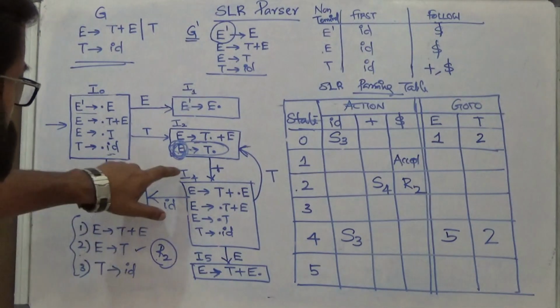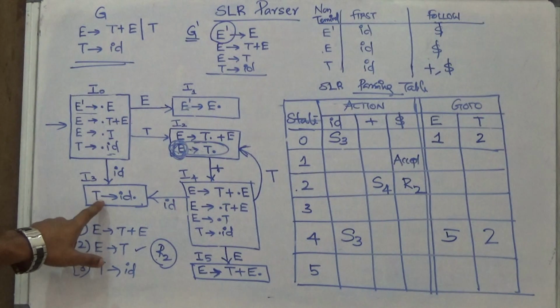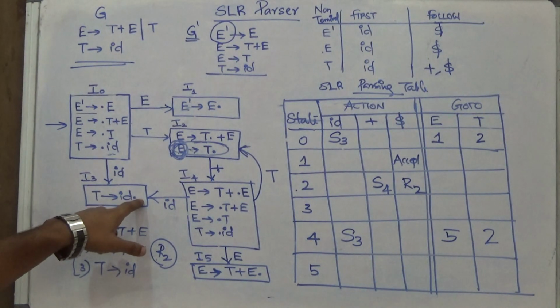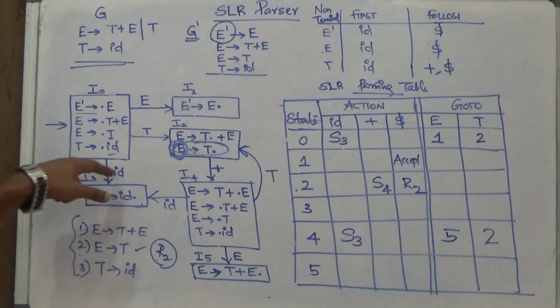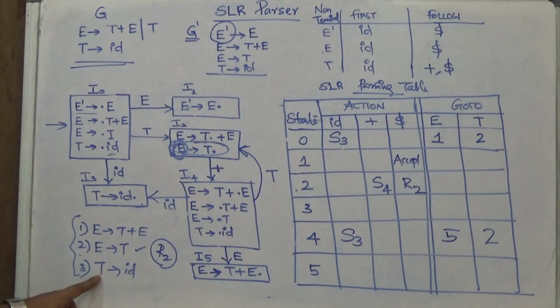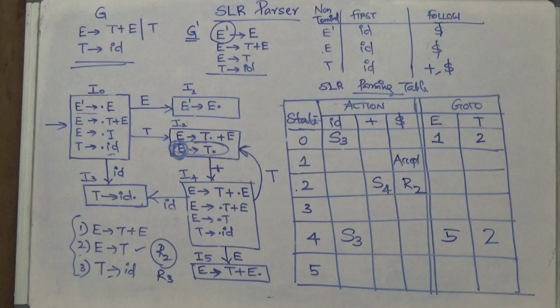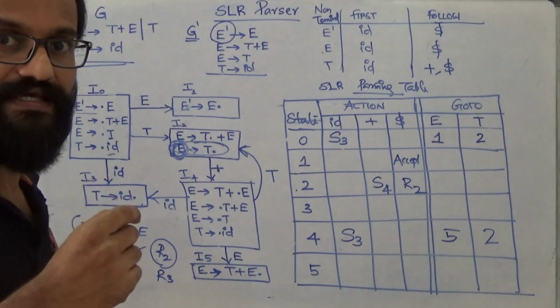Now you can process the next one, I3, state 3. Here you are having T giving ID. Since this item is delimited with dot operator in the right hand side, you have to create entry reduction. So T giving ID is the third production. So the expected entry will be R3. R3 actually stands for reduce applying third production.